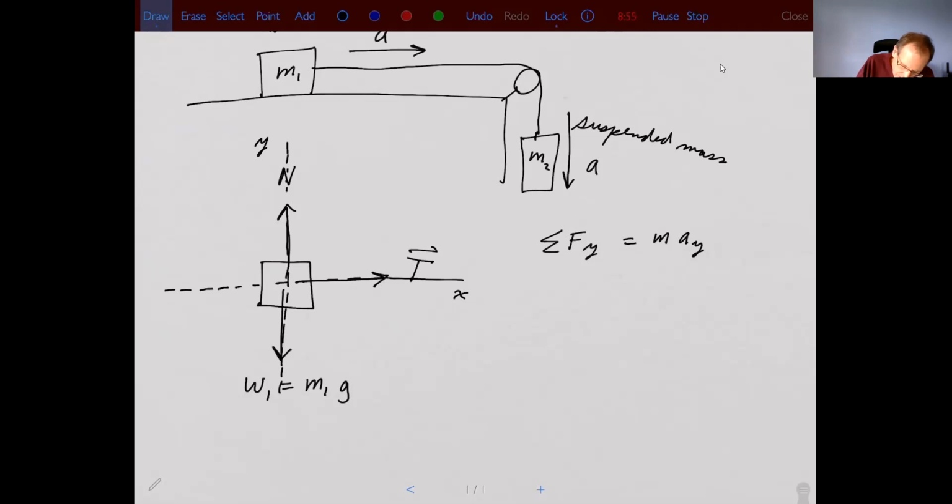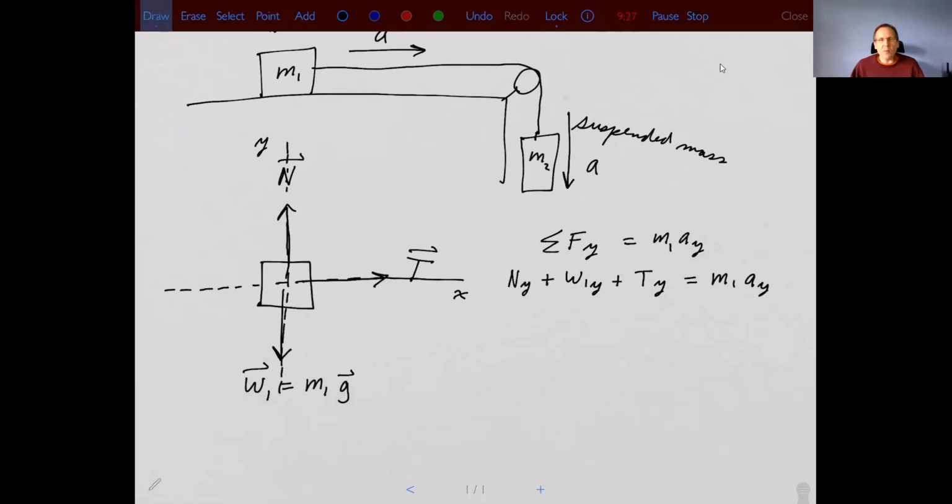So this is the tension, normal, and then the weight is also a vector, and g is a vector. So I just want the y components of each of those vectors. In other words, I want the y component of the normal force plus the y component of weight 1 plus the y component of the tension, and that's got to equal m1 times acceleration in the y direction.